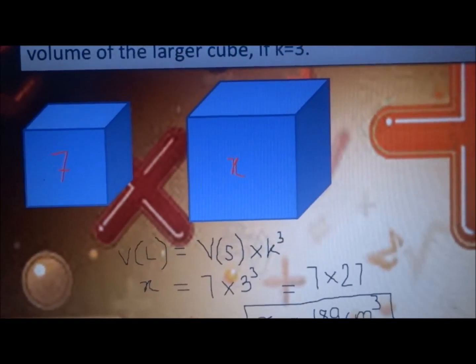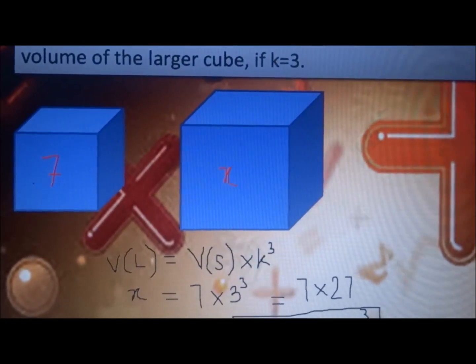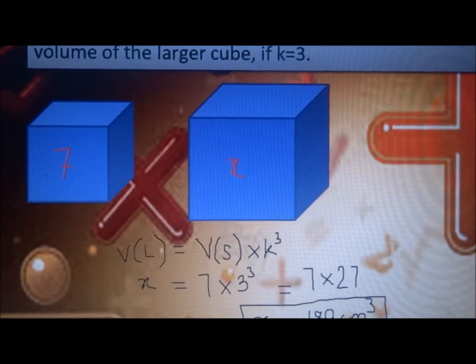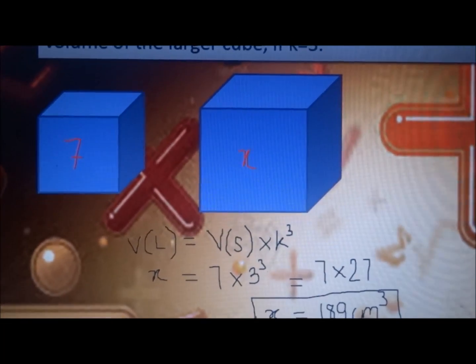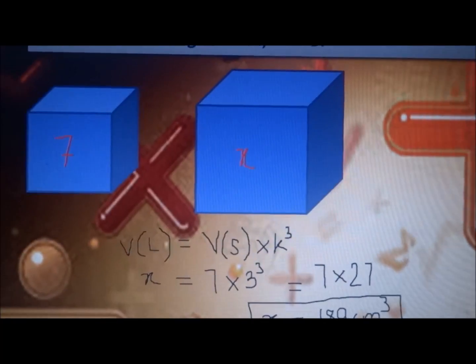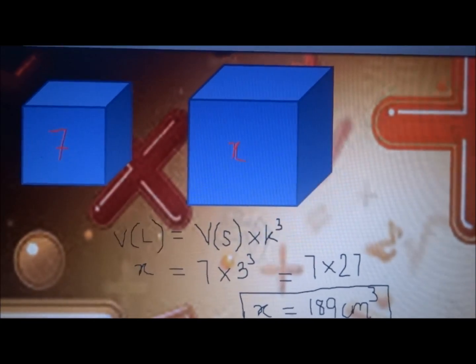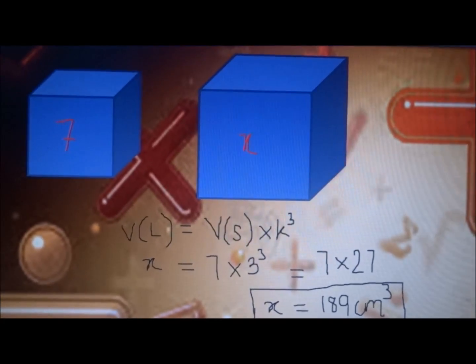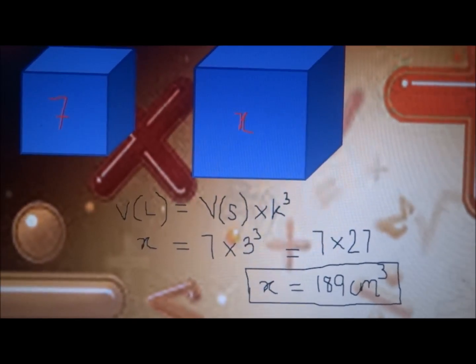So here we have another question. The volume of the small cube is 7 centimeter cube. Find the volume of the larger cube if k is equal to 3. So in the previous one, we had to find out the area, and that's why we did k square. But here it's about volume, and that's why we do k cube. So volume of the large one is equal to volume of the smaller cube into k cube.